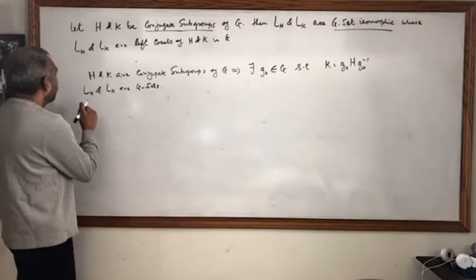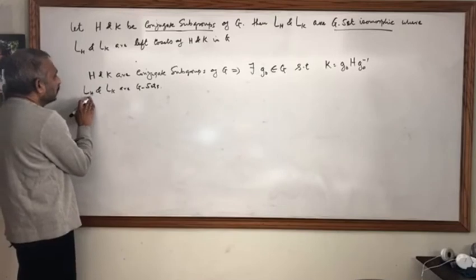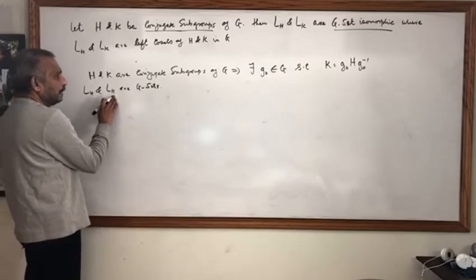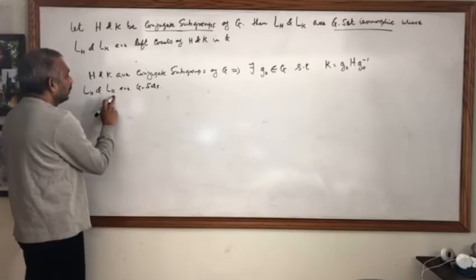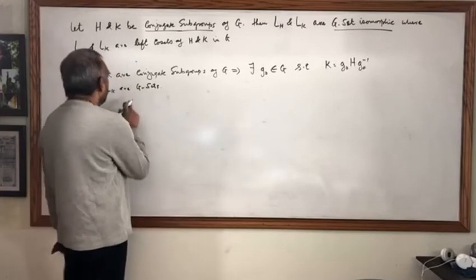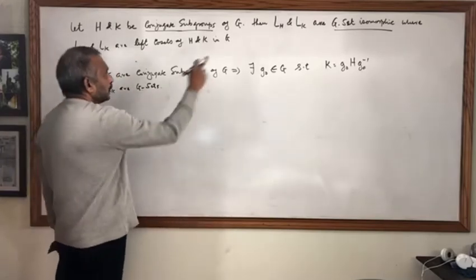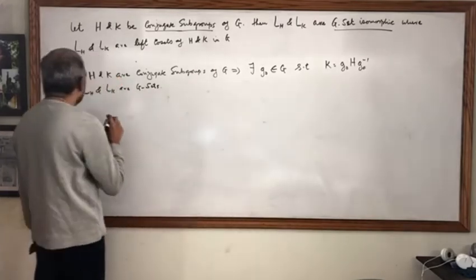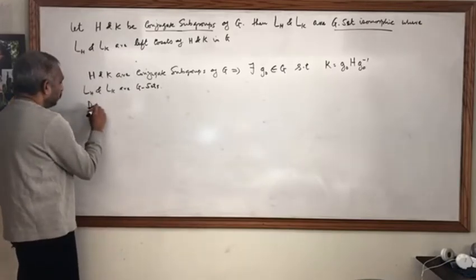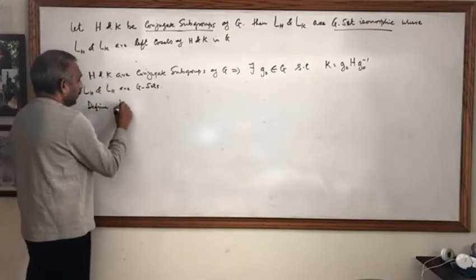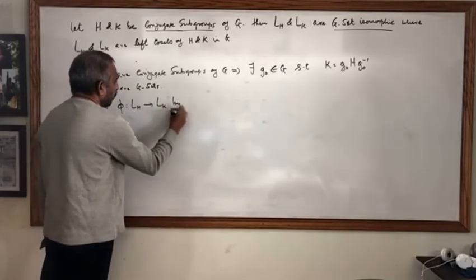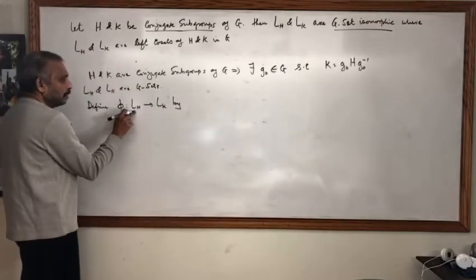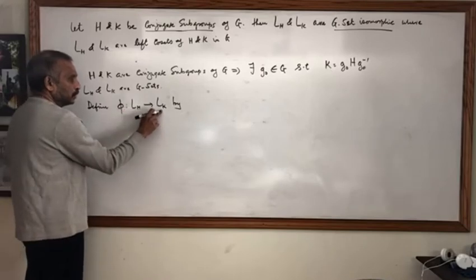So we need to define a function from LH to LK such that they are bijective and follow the isomorphism axiom. So define phi from LH to LK by, these are all cosets, and here also it's cosets.